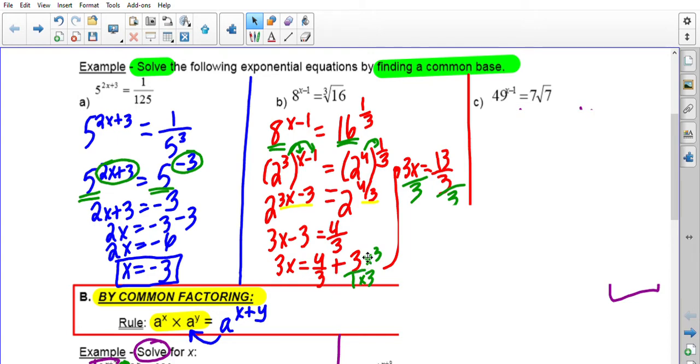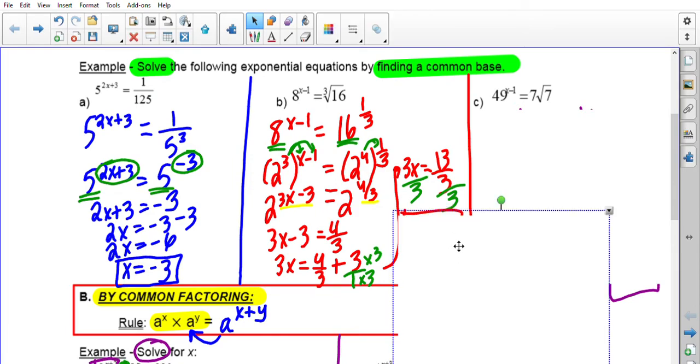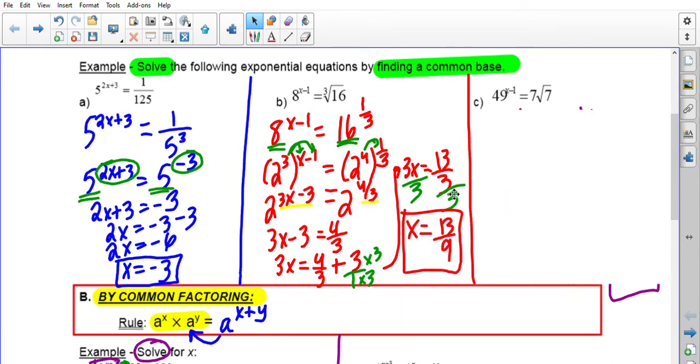So we're going to do an LCD of 3. So that gives us 3x equals 13 over 3, and divide out 3 from both sides. And that will give us 13 over 9. Okay, so 13 over 3 divided by 3 is 13 over 3 times 1 over 3, which is 13 over 9.